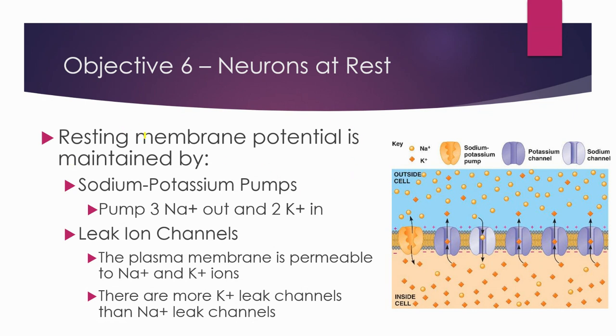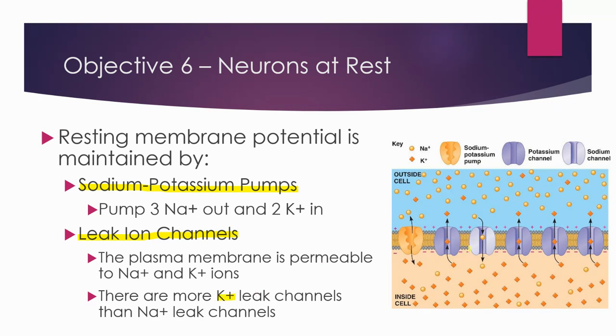And so that resting membrane potential of negative 70 millivolts is maintained by a combination of these sodium-potassium pumps that are actively pumping out 3 sodiums and pumping in 2 potassiums, as well as those leak ion channels. Now remember that molecules will naturally move from high to low through these leak ion channels. There are more potassium than there are sodium.